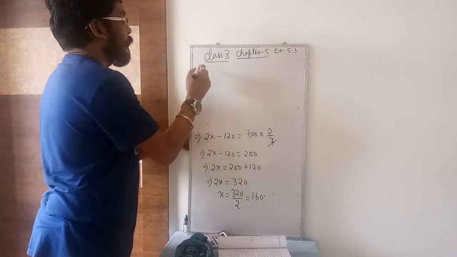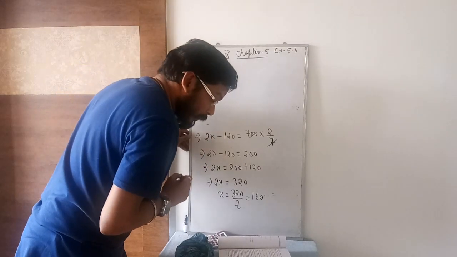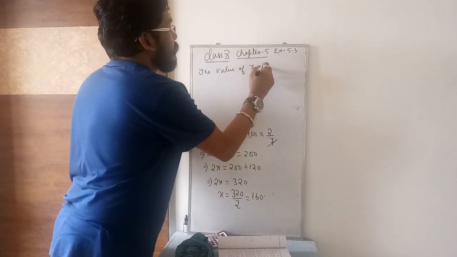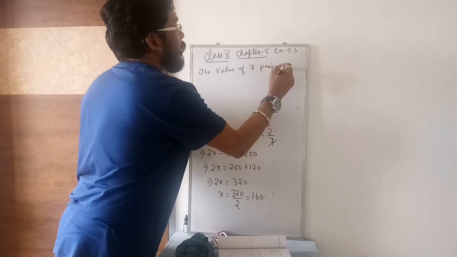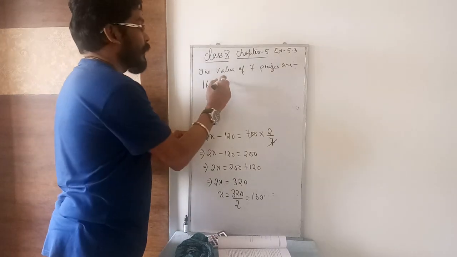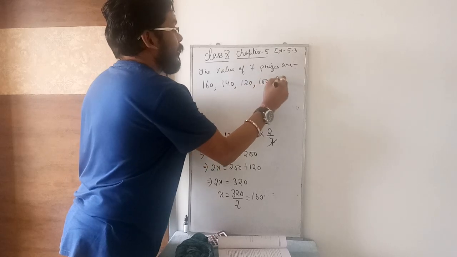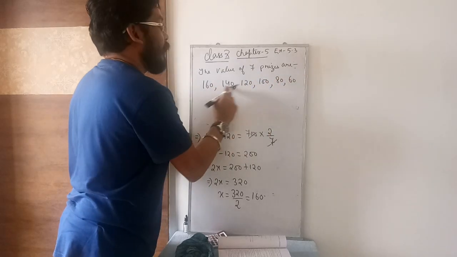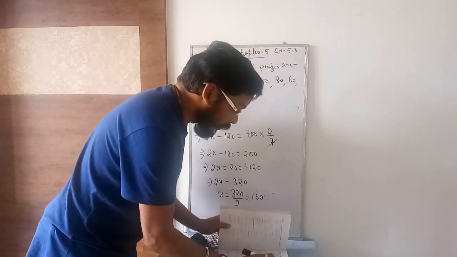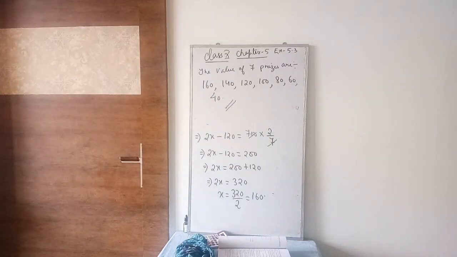So the value of the 7 prizes are: first one is 160. It will decrease by how much? 20. So it is 140, 120, 100, 80, 60, and the last is 40. These are the 7 prizes. Okay, so take the screenshot. This is the end. Clear?